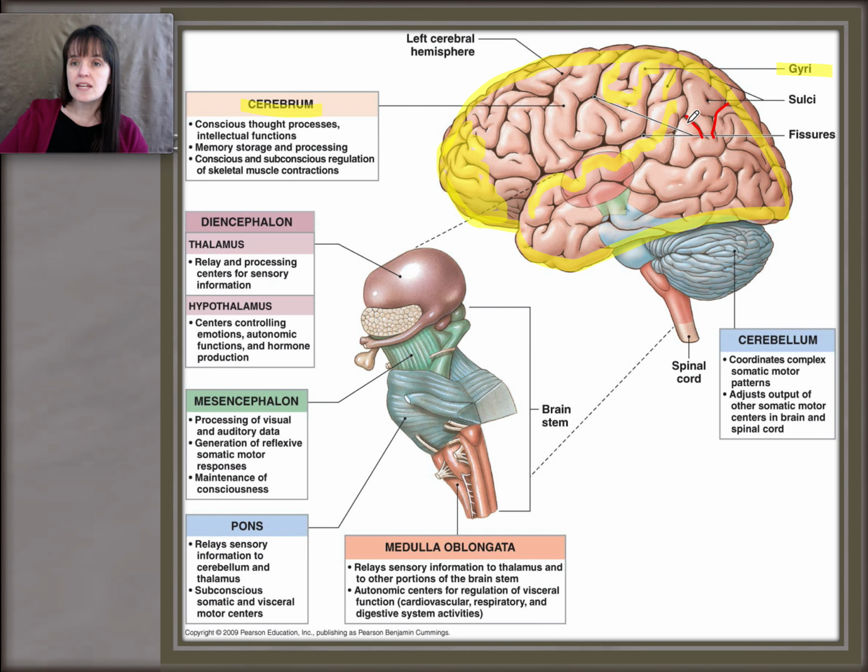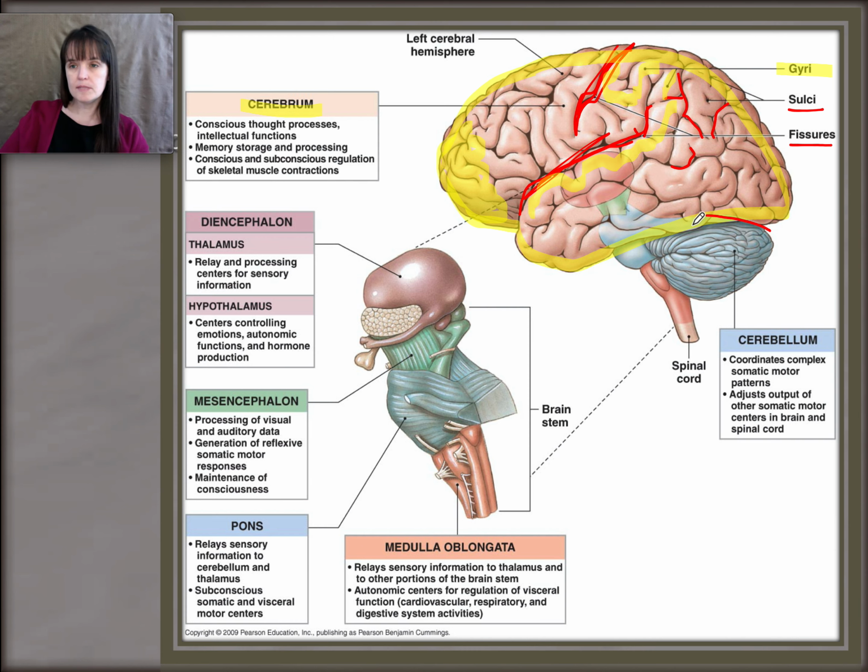These are the indents, the parts that are folded in. The shallow ones are a sulcus, 1 sulcus, 2 sulci. The deeper ones are the fissures. This one is the lateral fissure, and this one is the central fissure. The central fissure is on the lab test. The lateral fissure is not. It's like a sulcus, but a bigger crack.